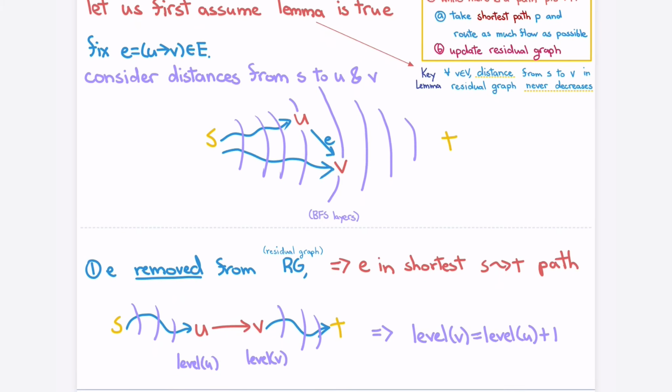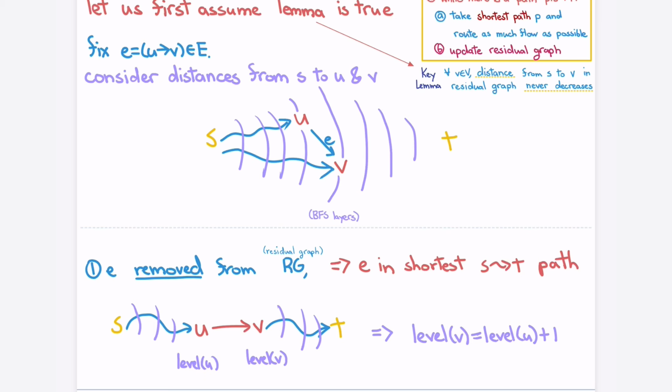So all I know right now is that I'm just promised that the vertex distance always increases from S in the residual graph as edges get added and removed from the residual graph. I should clarify that when an edge's capacity becomes 0, then we just remove it from the graph. I can't route any flow.